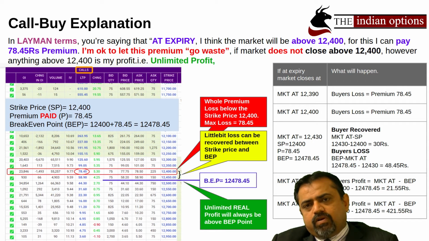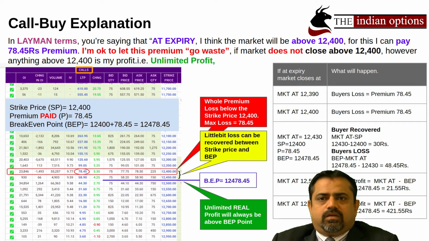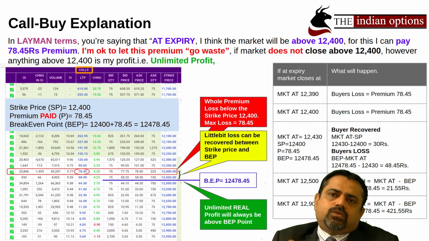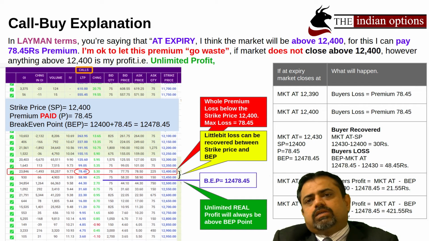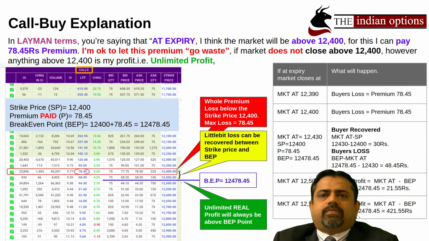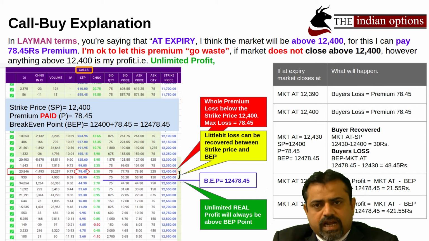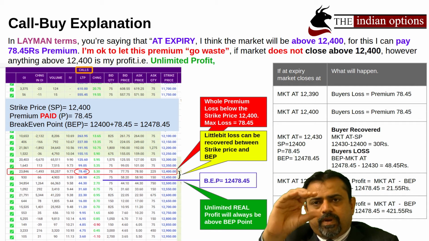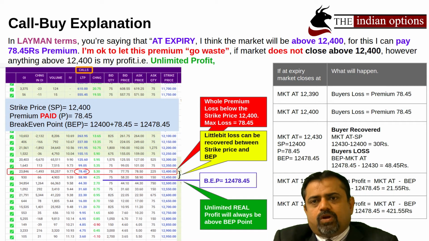Now what is the break-even point? 78 rupees and 45 paise is the cost that you have incurred, so that will add to your strike price. So your break-even point is above your strike price. Strike price plus premium is equal to the break-even point. Okay, so anything above the break-even point is pure profit for you.